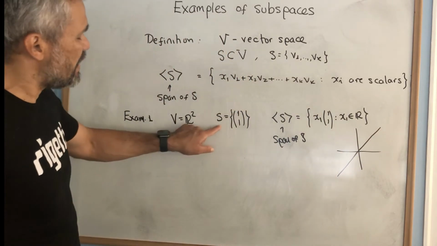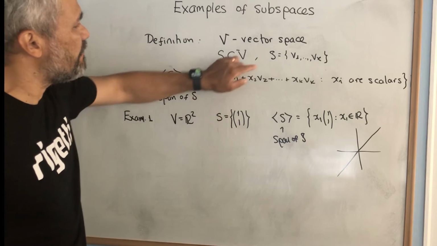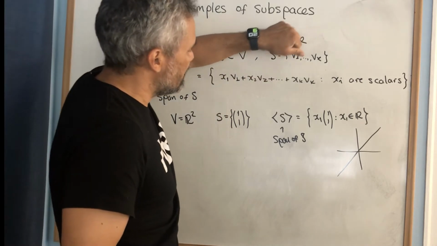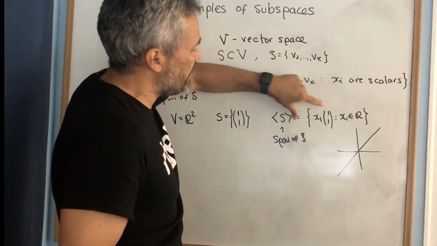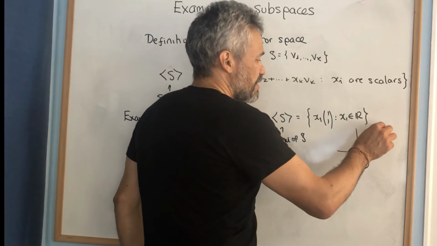Then S has finitely many elements, and if S has a non-zero vector, then the span of S has infinitely many vectors.